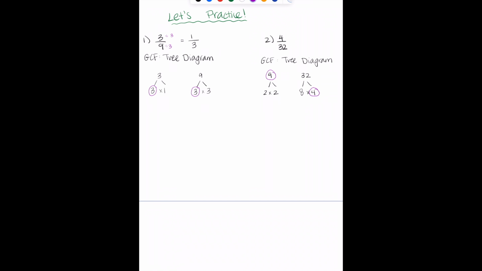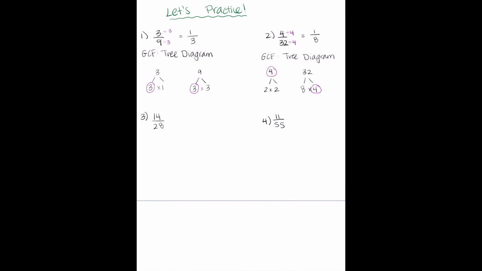They both have a 4 in common, right? Because obviously 4 is a factor of itself, and then 32 has 4 as a factor as well. So we're going to take that 4, we're going to divide, that is our greatest common factor. We're going to divide the numerator and the denominator by our greatest common factor. 4 divided by 4 will give me 1. 32 divided by 4 will give me 8.